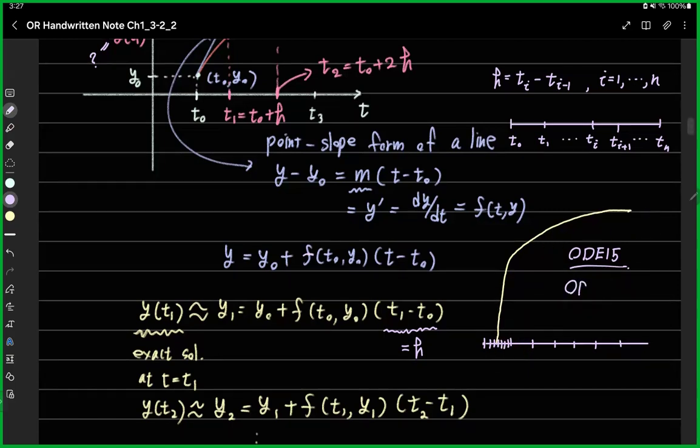The ODE you normally use, I think you guys use ODE45, that command in MATLAB, but there are ODE15, ODE35, ODE45, all different types of Runge-Kutta-based numerical method codes in MATLAB, and each one has a specific benefit. Okay, so this is called the adaptive or refinement or local refinement.